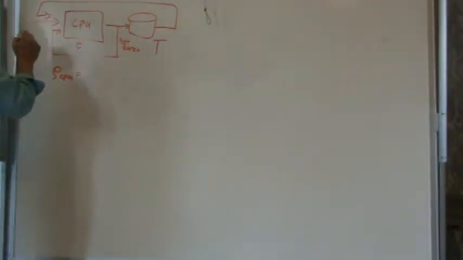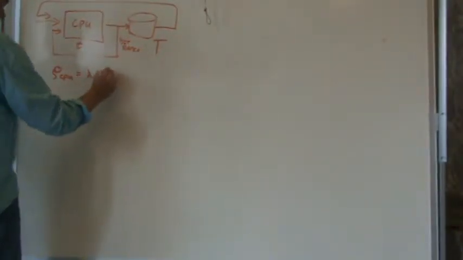So, what is the utilization of the CPU? What percentage of the time is the CPU in use? That would be the lambda into the CPU times little t, the amount of time spent in the CPU. Right? Time spent at something is the reciprocal of the service rate. So if we can do 30 per second, then time spent there is 1/30.